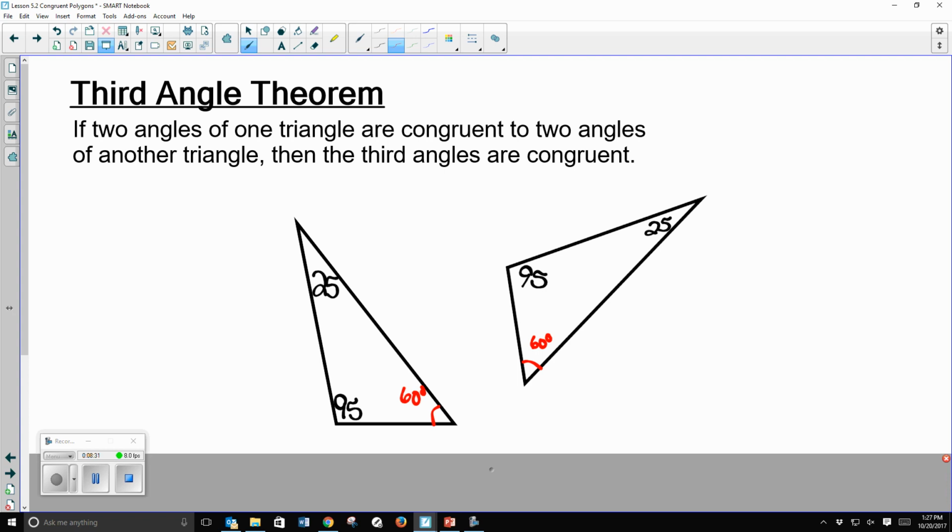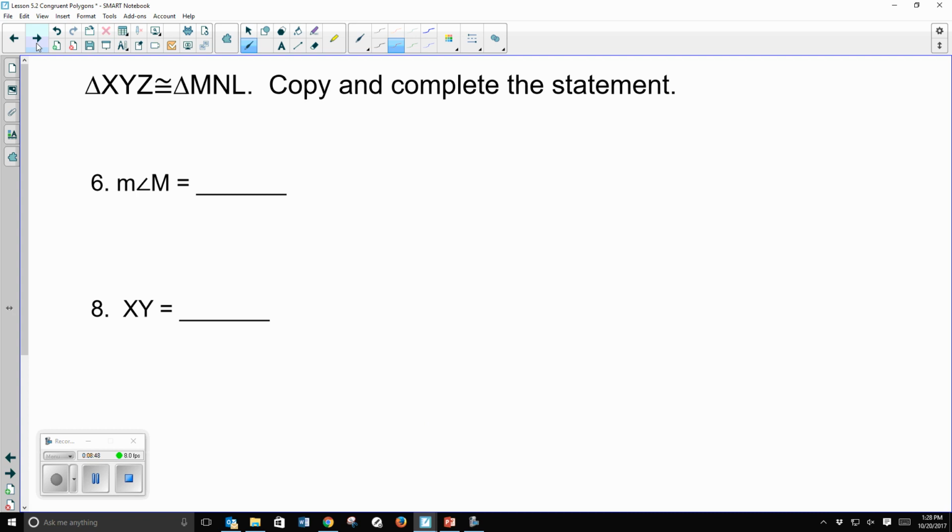That is also in your book, if you don't have it all written down, on the next page, 242, this theorem. And this video will be available, and the notes will also be available online. So let's do some problems here.